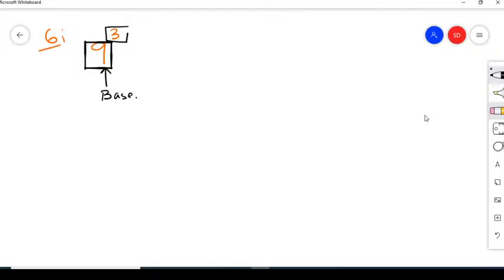And this one is called the power, not power actually, it's called the exponent or index.